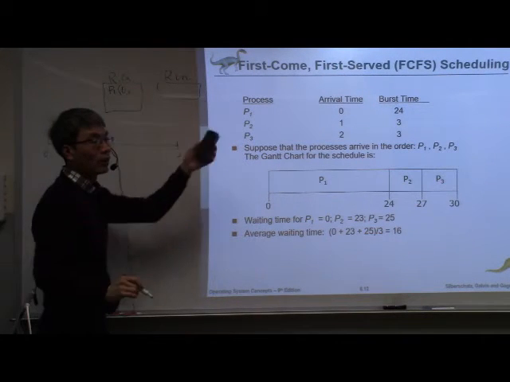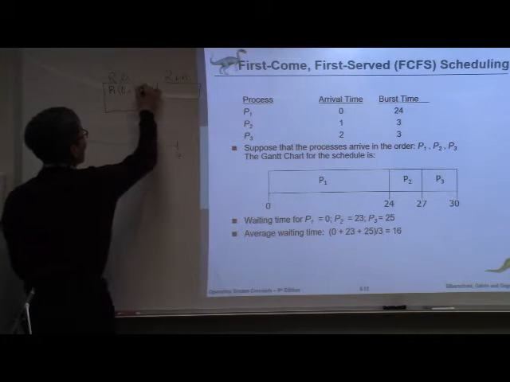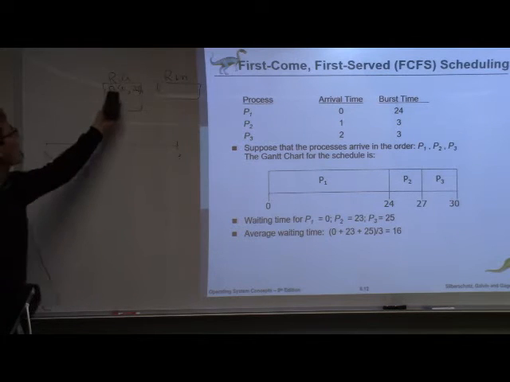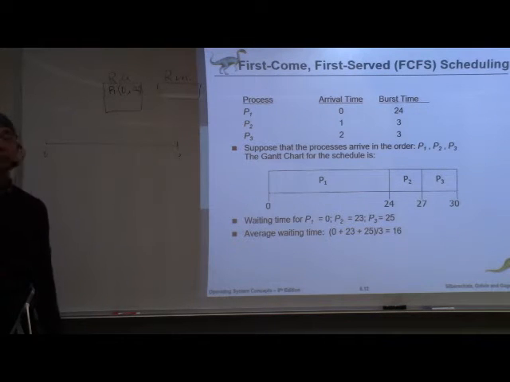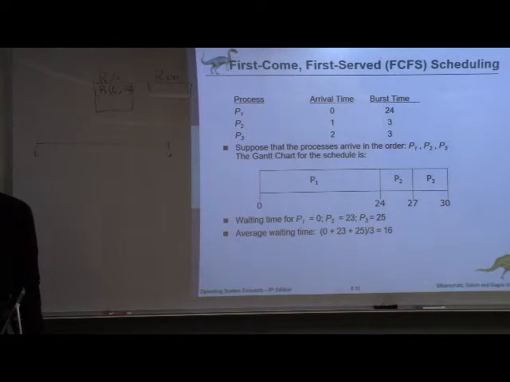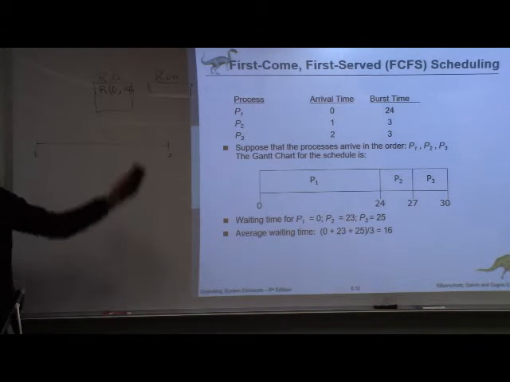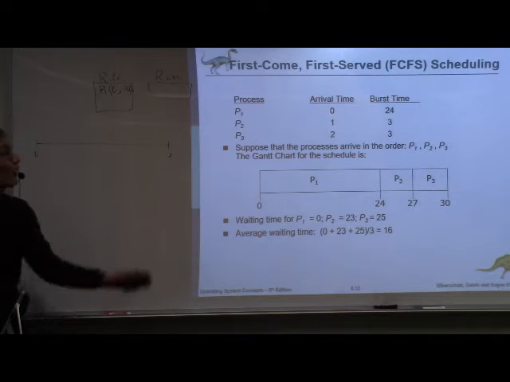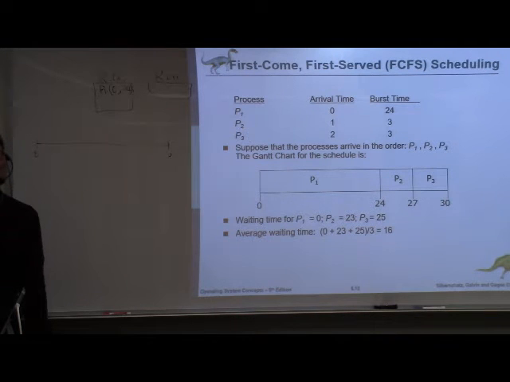What kind of information do we have? Arrival time and CPU burst time, 24. What is this, by the way? P1, 0, 24 in terms of a process data structure. It's a PCB, a process control block that describes your process. So in your project 1, you need to define your PCB.